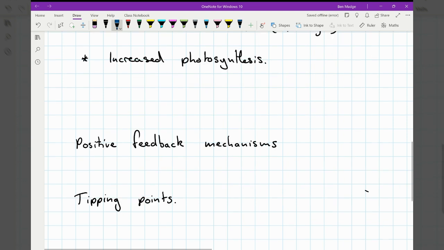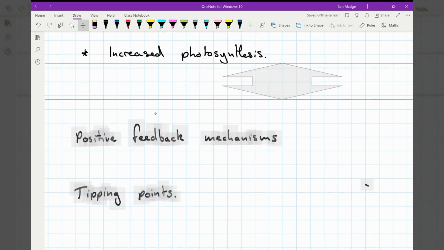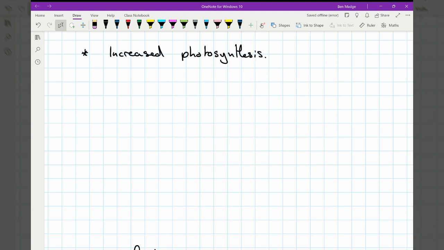Our next one then is increased photosynthesis. So again, we have higher temperatures. And this increases the rate of photosynthesis, PHS, I'm going to abbreviate that to.